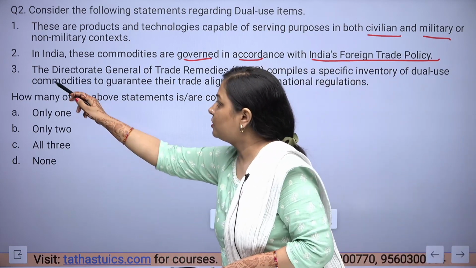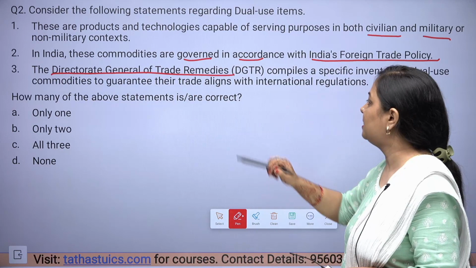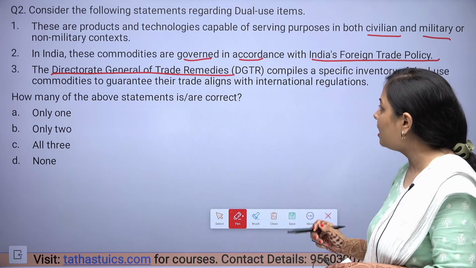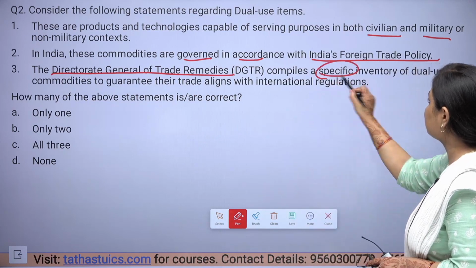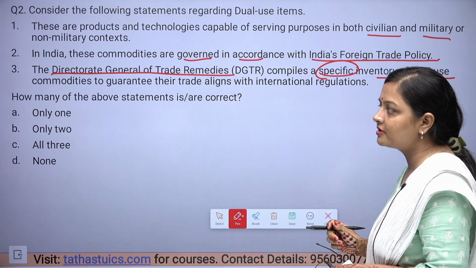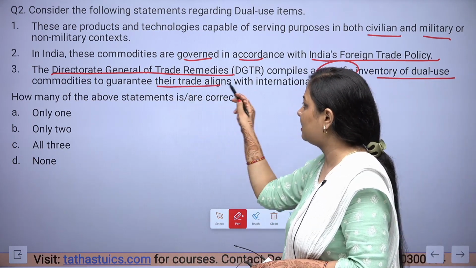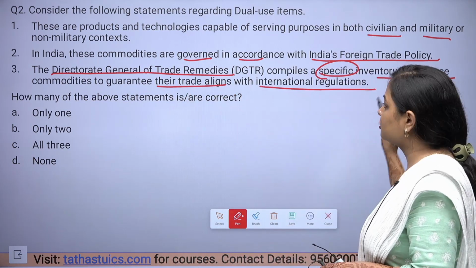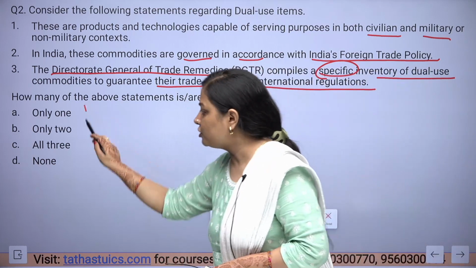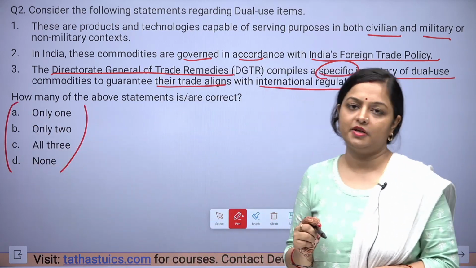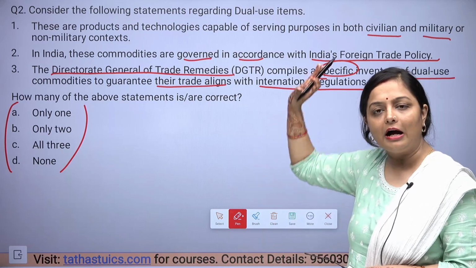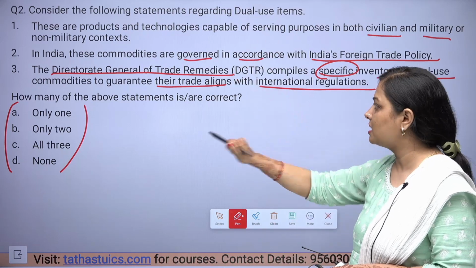Third is the Directorate General of Trade Remedies, that is DGTR, compiles a specific inventory of dual use commodities to guarantee their trade alignment with international regulations. So which of these are correct over here? How many of the above statements are correct?